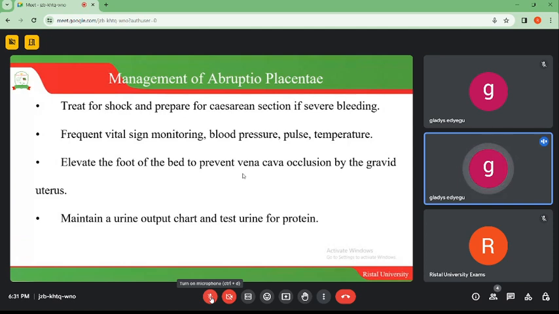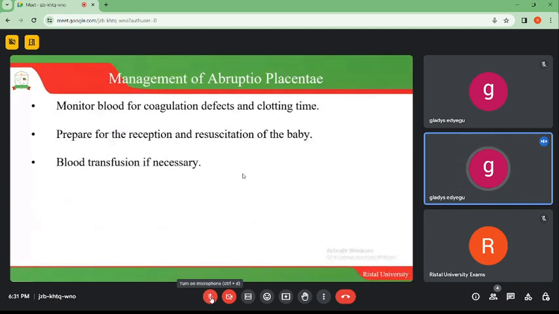So we have to monitor the fluid chart, where we need to know their urine output, and also the input, and we need to know the test of the urine, so that we can know if there is eclampsia or preeclampsia, which could have caused placenta abruption.